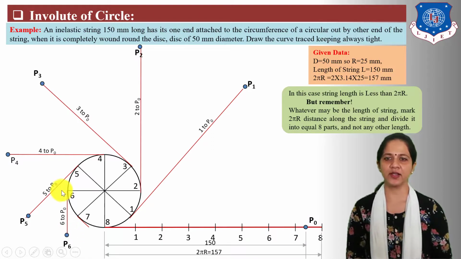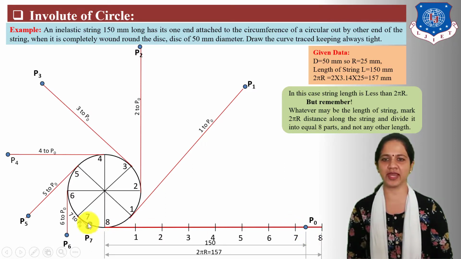Next, locate the P6 locus point on the sixth position of the string. Take distance 6P6 equal to 6P0. Next, locate the P7 locus point on the 7th position of the string. Take distance 7P7 equal to 7P0.